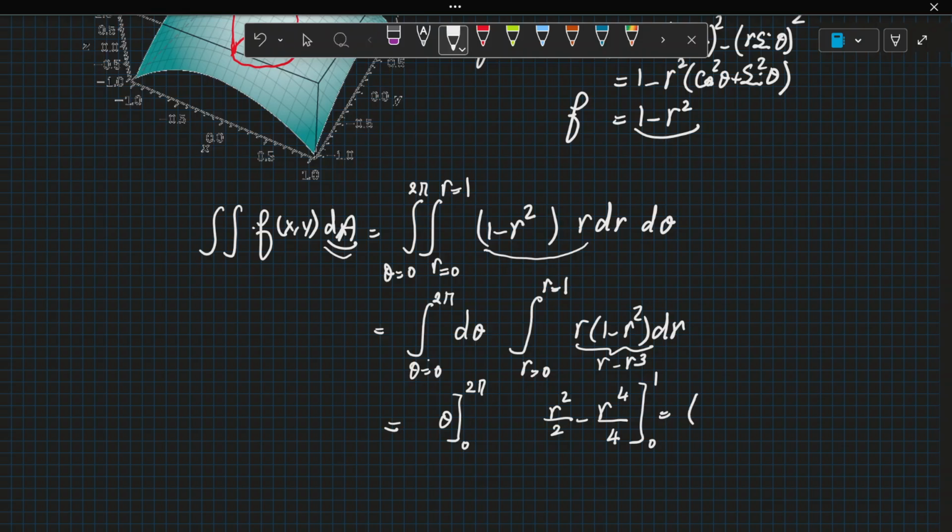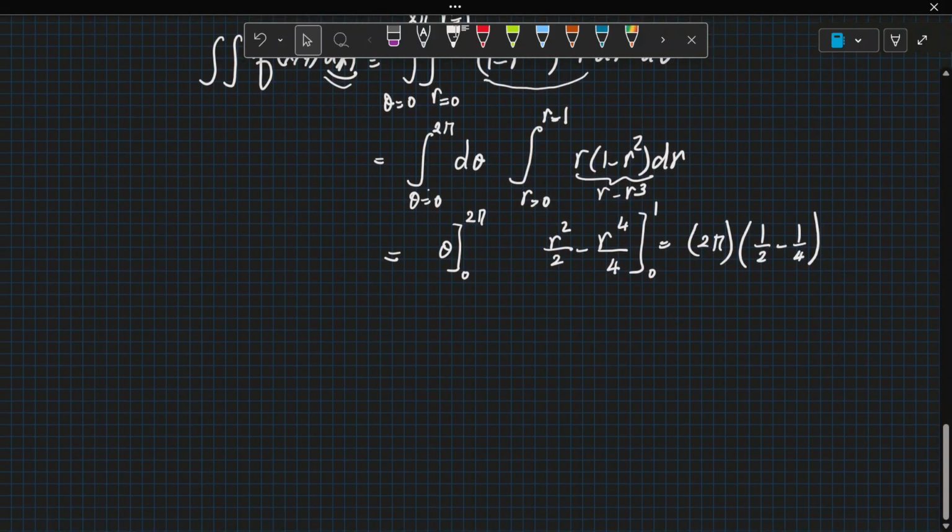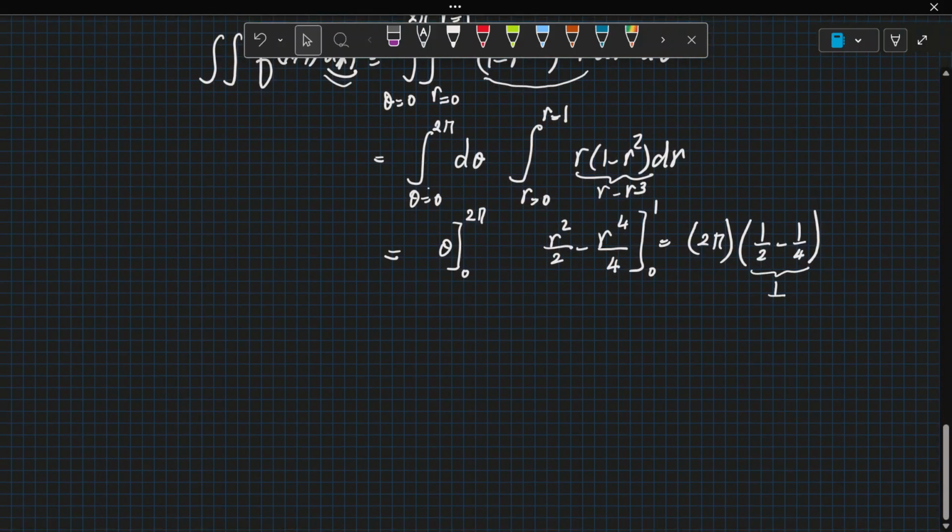So the angular contribution, the first component, is 2 pi. The second one is 1/2 minus 1/4, which boils down to just 1/4. 1/4 times 2 pi, and we get pi over 2.